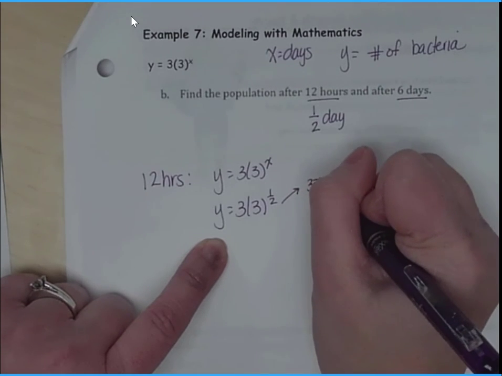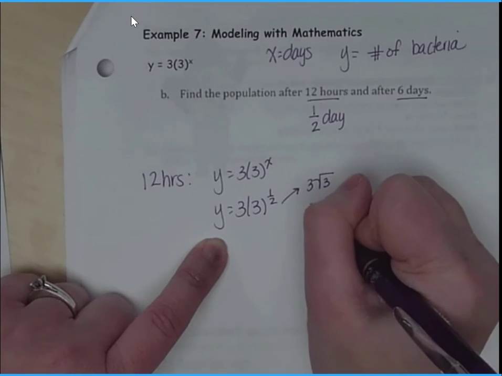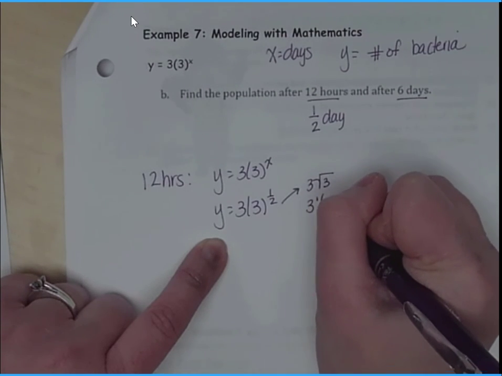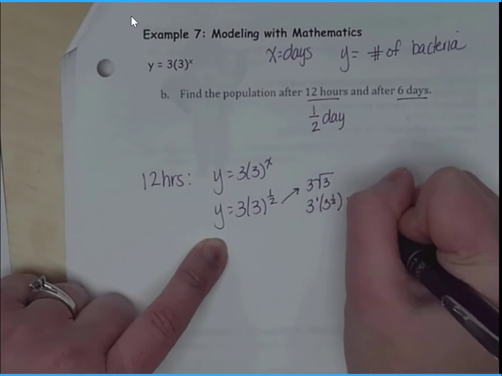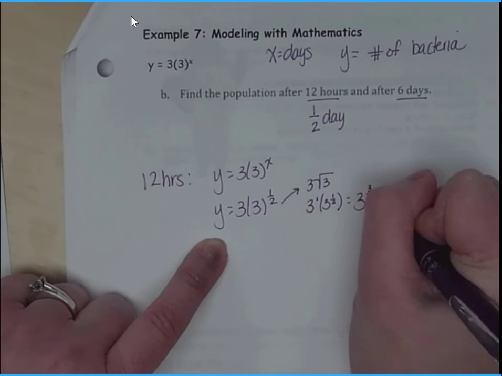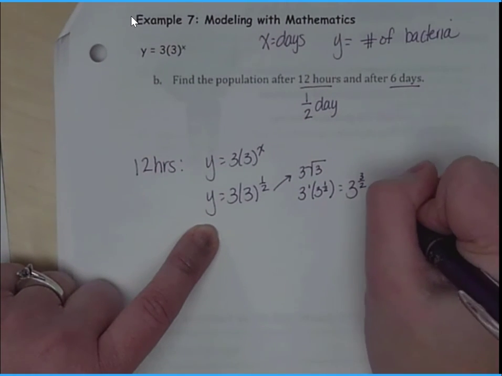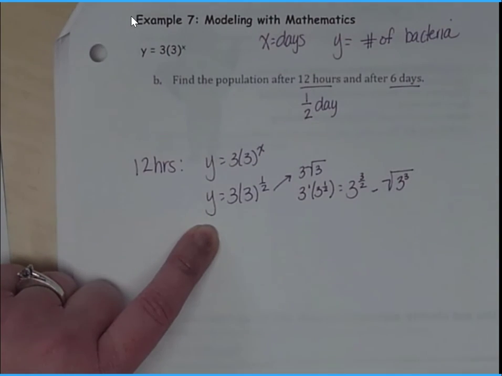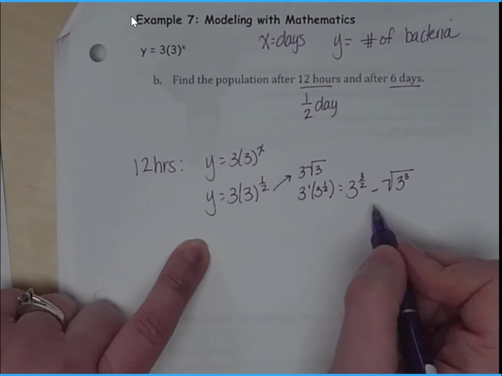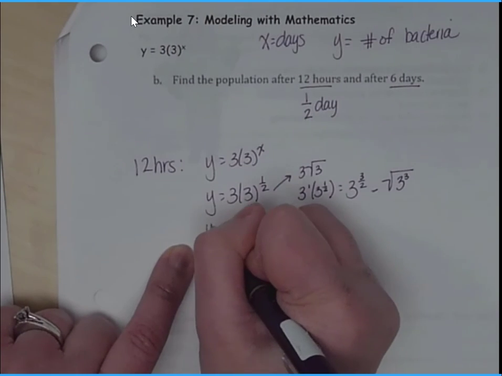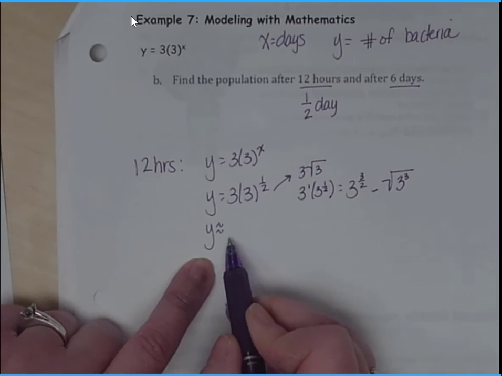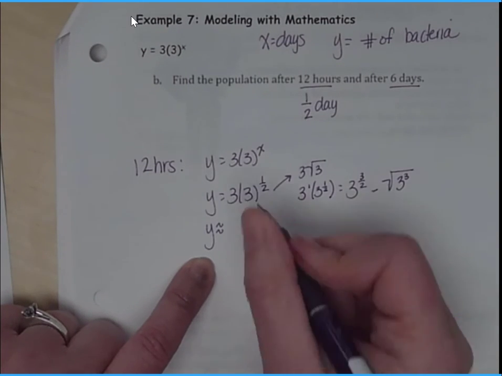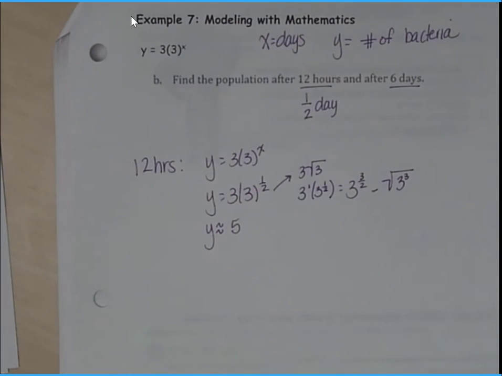I can do 3 times the square root of 3, or I can rewrite it as 3 to the first times 3 to the half, which is the same as 3 to the 3/2, which is the square root of 3 cubed. Either way, when I do that math, I'm not going to get a nice number. So when I find that out, I'm going to end up with approximately 5. So after 12 hours, we only have 5 bacteria, which really isn't a lot.